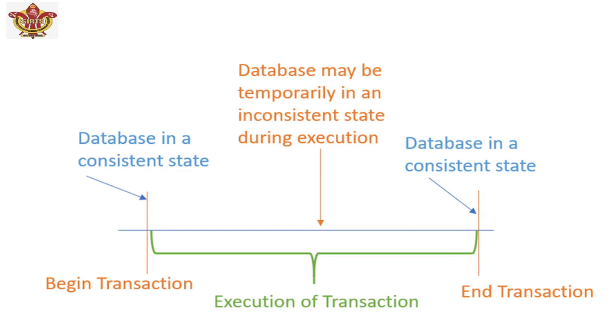So firstly, the database in a consistent state means it is in the active state. A transaction enters into an active state when the execution process begins. During this state, read or write operations can be performed. Now we will talk about the database being temporarily in an inconsistent state during execution.